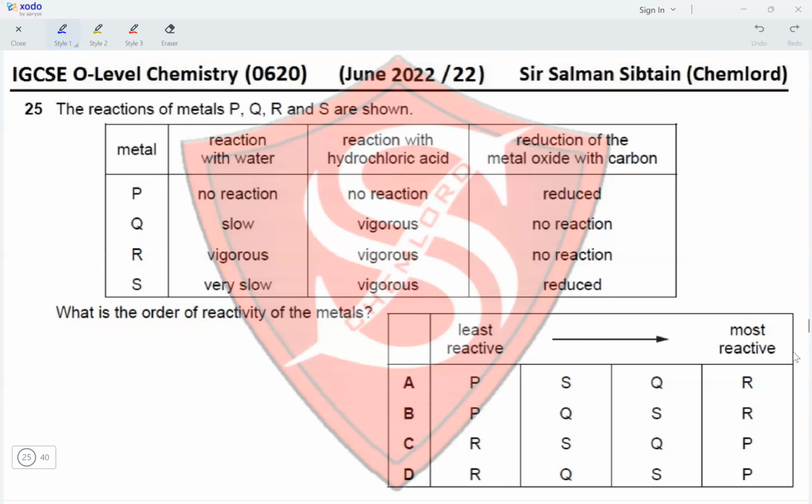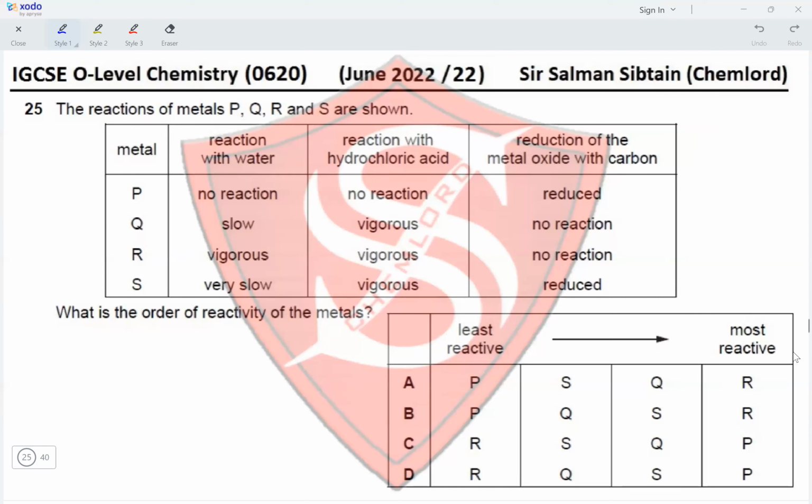Moving on to Q. Q has a slow reaction with water. Q reacts vigorously with hydrochloric acid, and the oxide of Q is not reduced with carbon. So this is more reactive than iron.